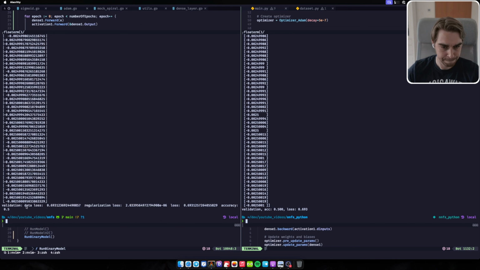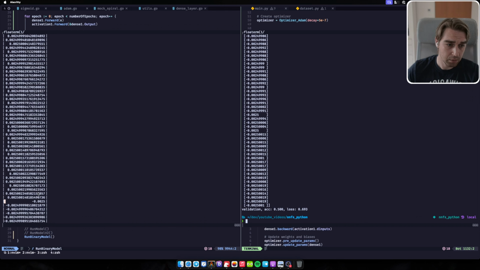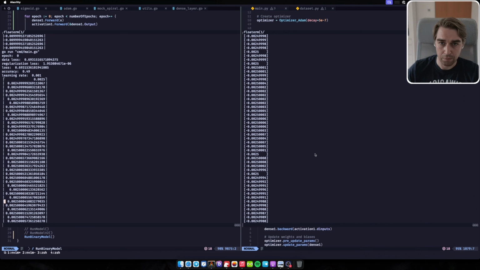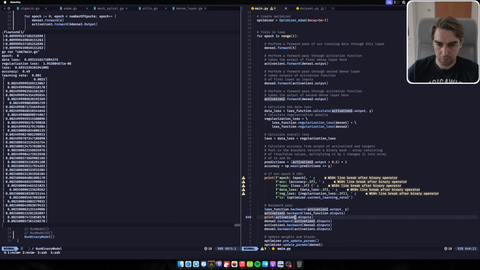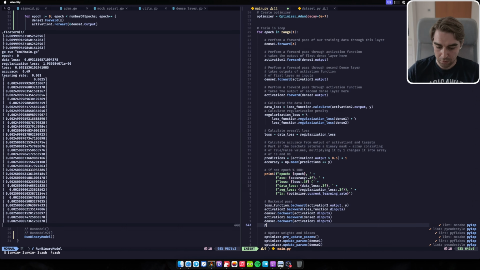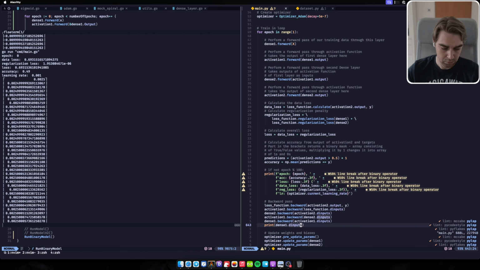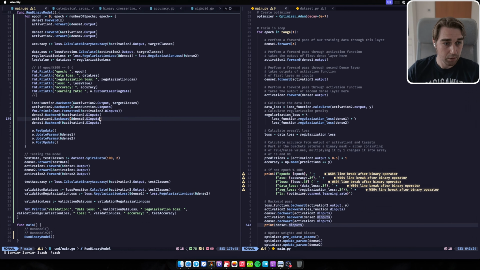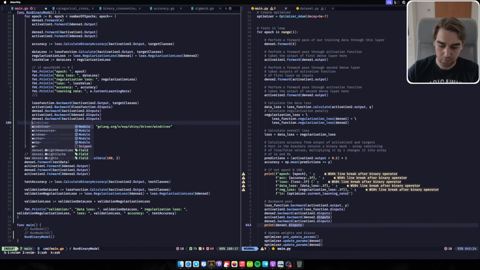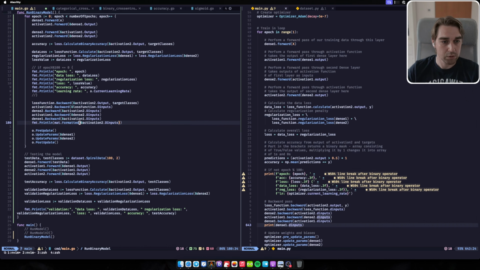Okay. I'm checking the last value and the first one. Okay. So then if I print then the inputs, right? I should have the same values.